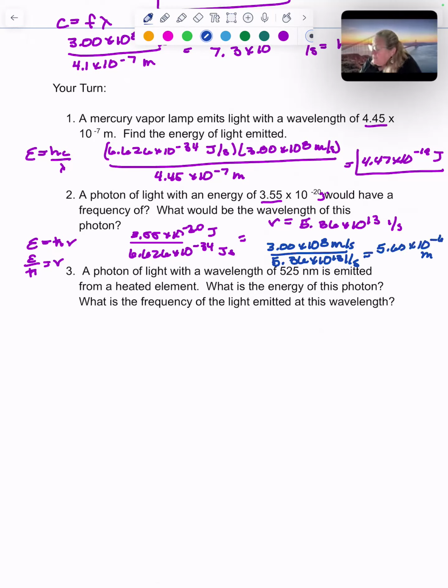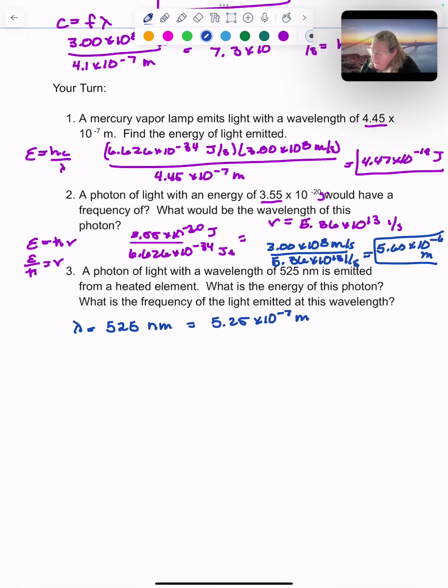Okay, a photon of light, we have a wavelength. If our wavelength is 525 nanometers, by now you probably realized the trick. It's going to be 5.25 times 10 to the minus 7 meters from a heated element. What is the energy of the photon? Well, we need the frequency of the light. No, let's just do energy.